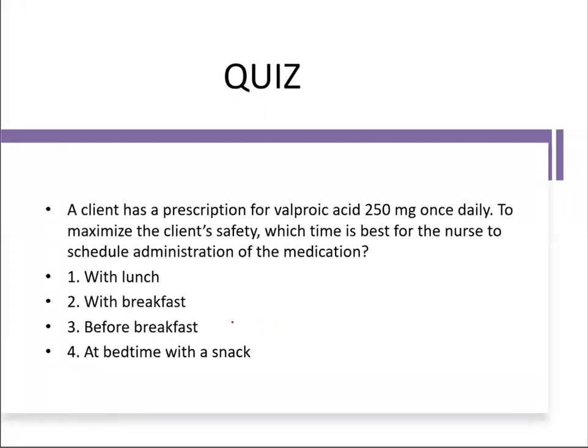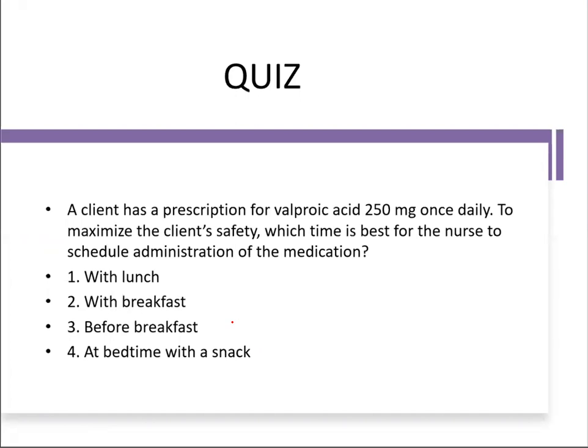So I'm going to evaluate, and I know that valproic acid is an anticonvulsant that causes central nervous system depression and has side or adverse effects that include sedation, dizziness, ataxia, and confusion.